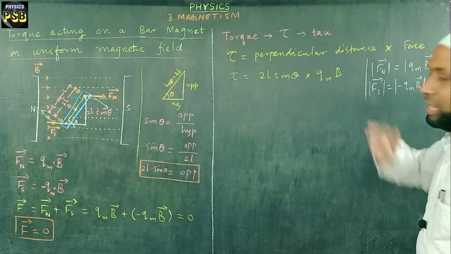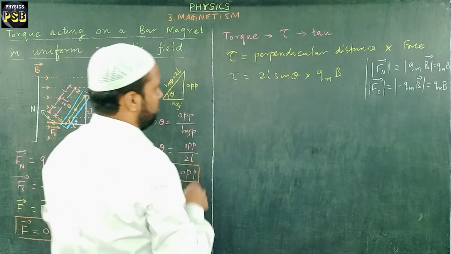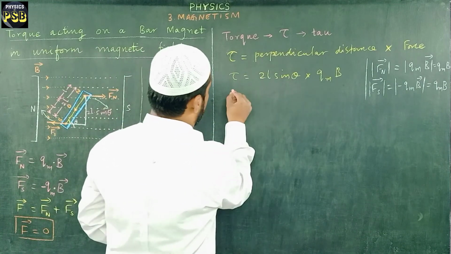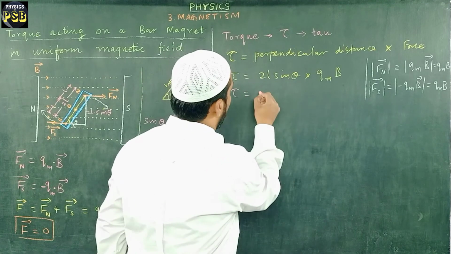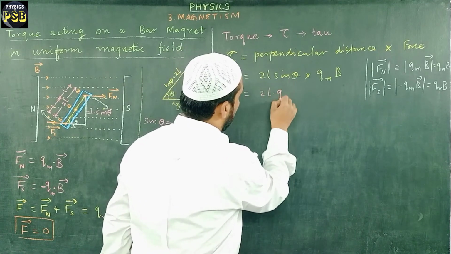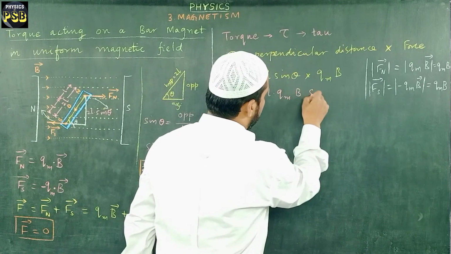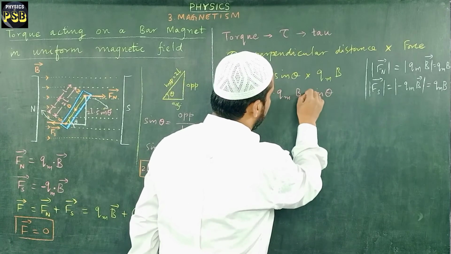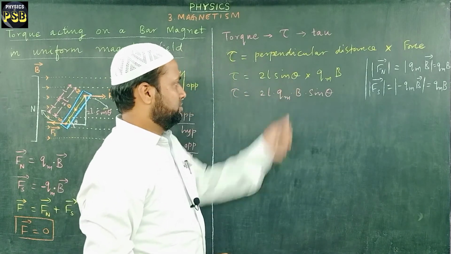This is what I have written here. The next, I rearrange this one in this manner: 2L Qm B sin theta. If I write it this way, it is not going to make any difference.